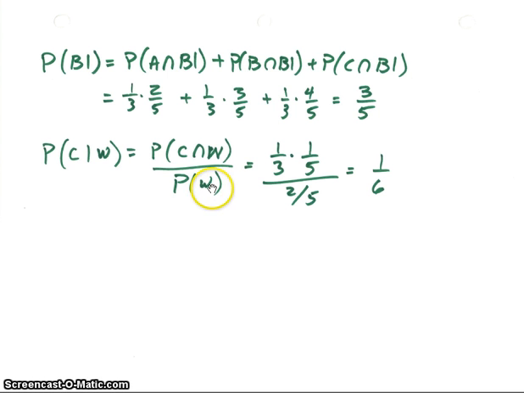We already found the probability of picking a white marble. That was what we had on the previous page. It was 2/5, and the probability of C and white is just the multiplication of those two to get to the white marble, 1/3 and 1/5. And after we multiply those through and simplify, we get 1/6.